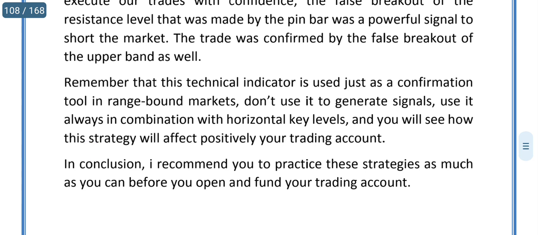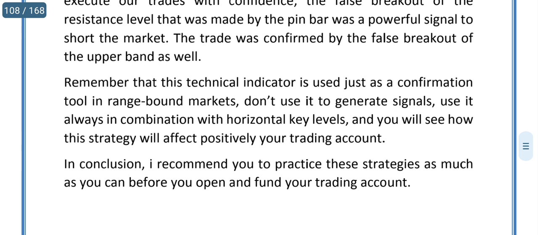This video marks the end of the pin bar candle strategy, and in our next videos we are going to be looking at what we call the engulfing bar strategy, and under that we shall be seeing the physiology behind its formation and how we can use the engulfing bar candle formation both in the trending and in the ranging markets.